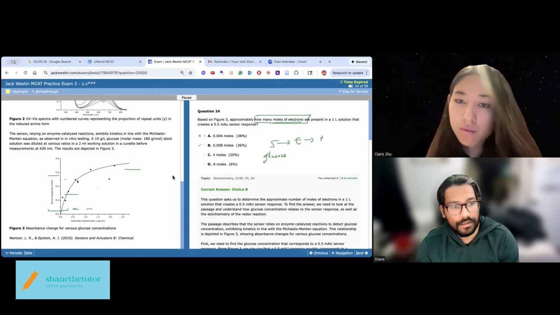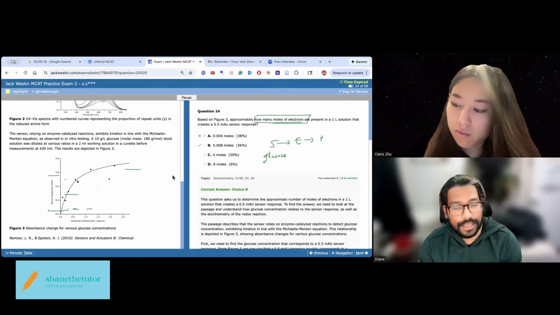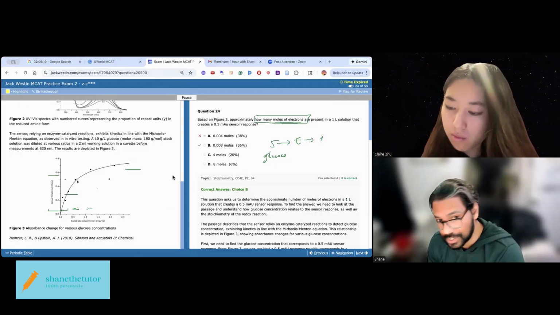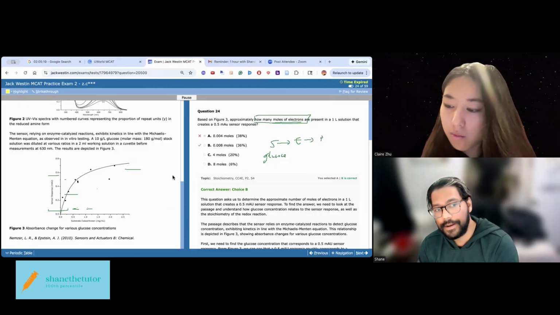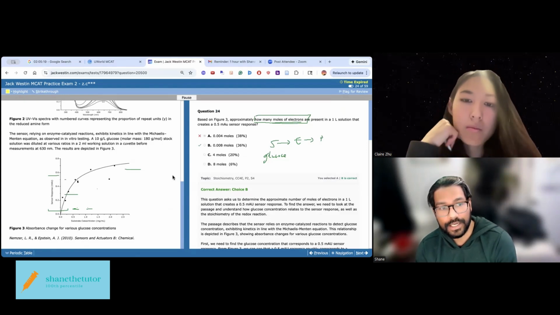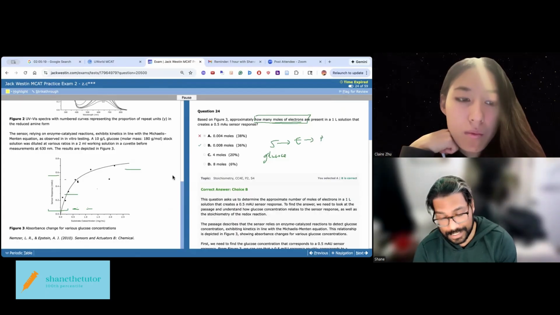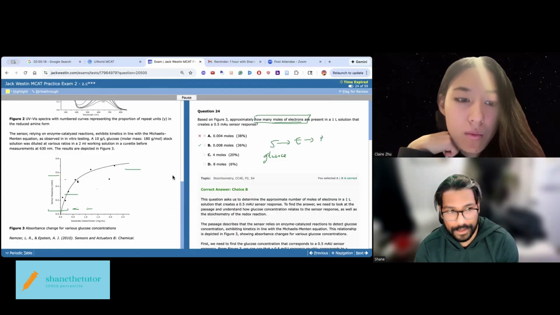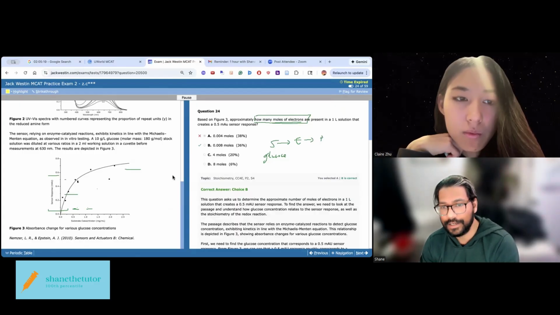And the redox reaction that they told us about earlier in the passage is the one that tells us that it's 2 electrons.